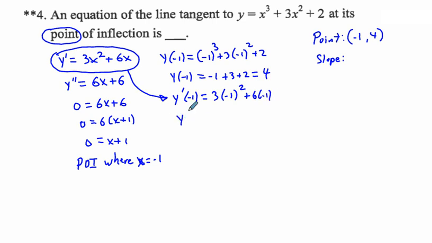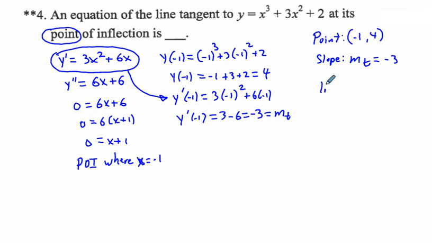So y prime of -1 is going to be equal to 3 minus 6, which equals -3. So that's going to be our slope. So m sub t is equal to -3.